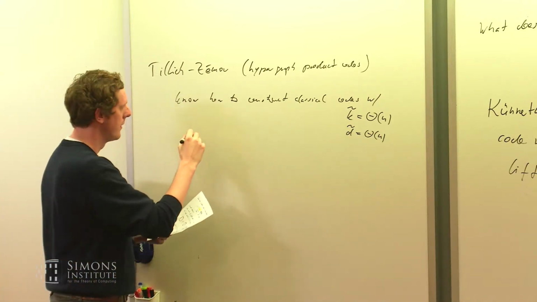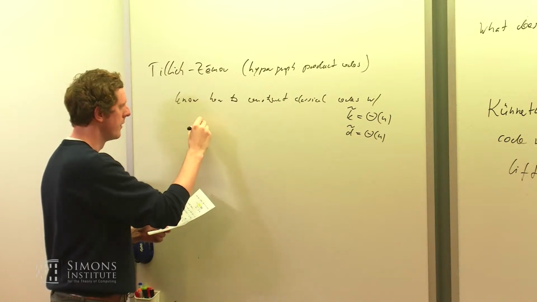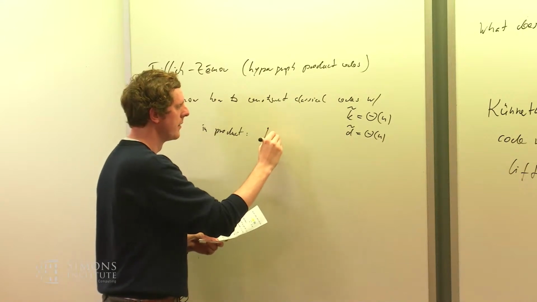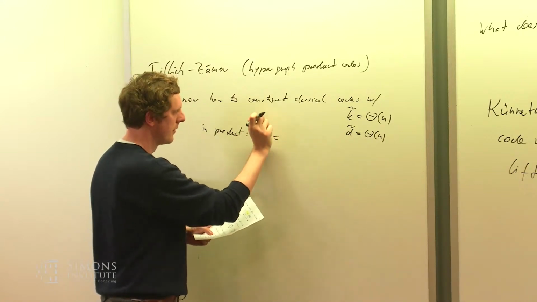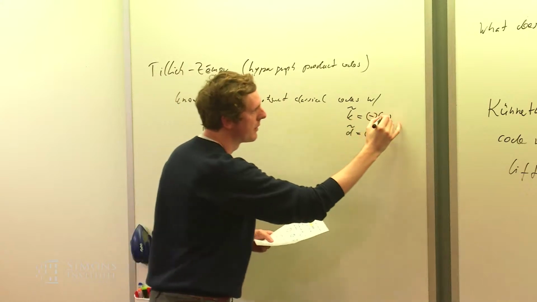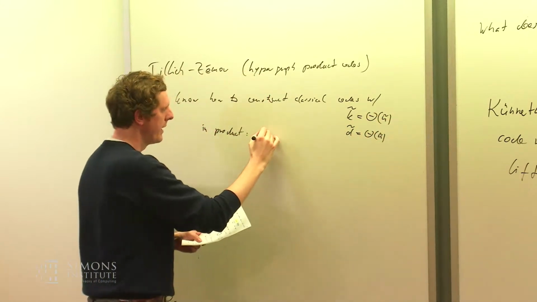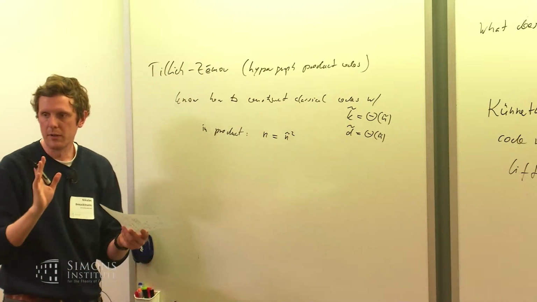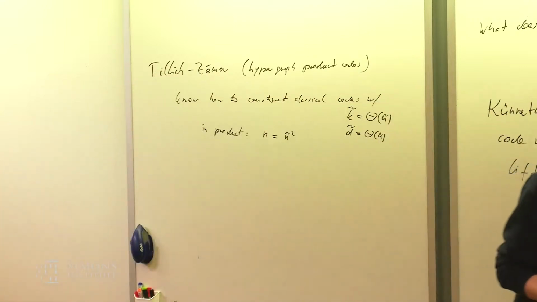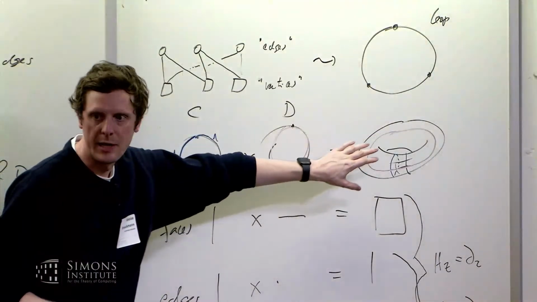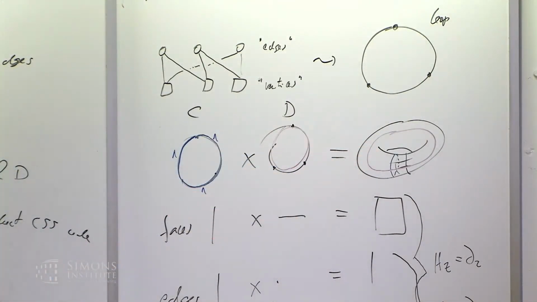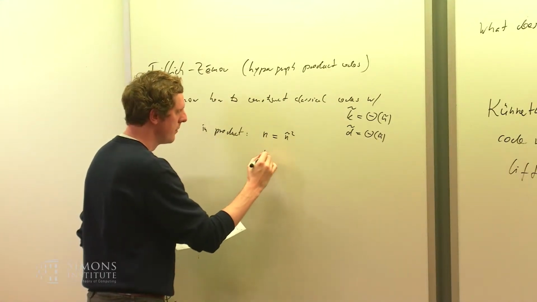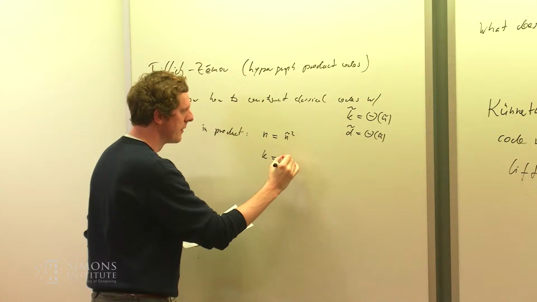First of all, my N will be n squared, because that's the product. If I take a 3x3 repetition code, I get a 9x9 torus. My K will be k squared.